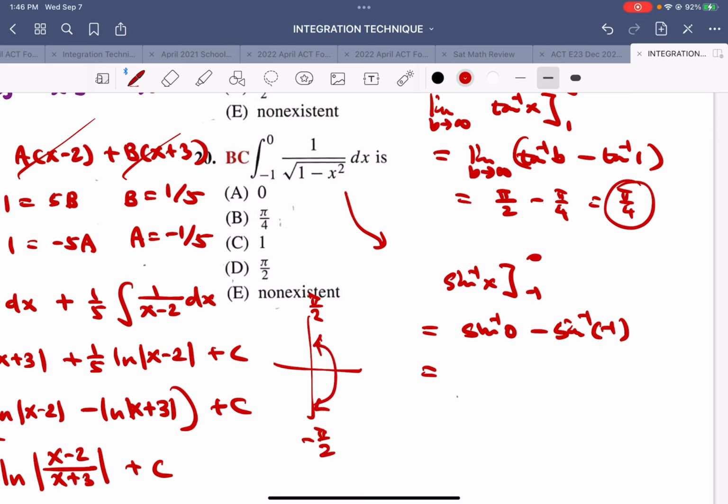Okay. So what angle becomes a 0? 0 is 0. Okay. -1, that is a negative pi over 2, right? Sine of negative pi over 2 is -1. So it will be pi over 2.